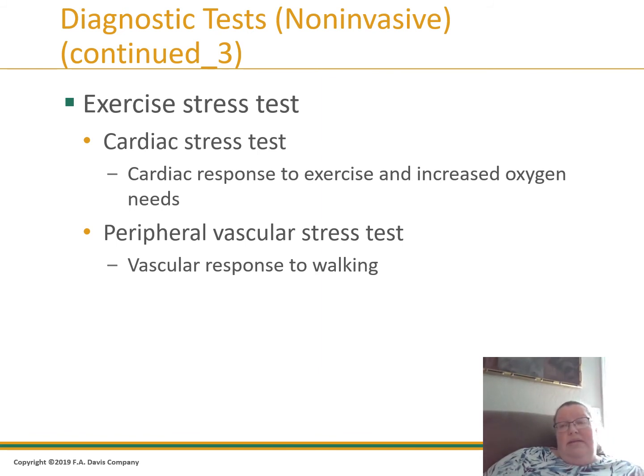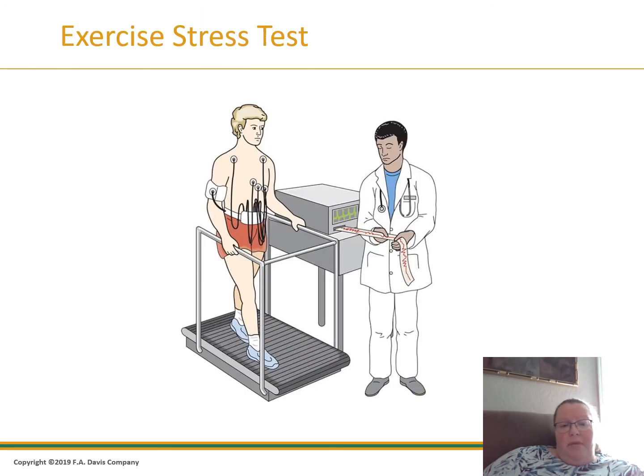The problem is that has some effects as well. So be aware, they can become very dizzy, have heart palpitations, and issues with that as well. There's a peripheral vascular stress test, which is the vascular response to walking. And this is kind of what it looks like.